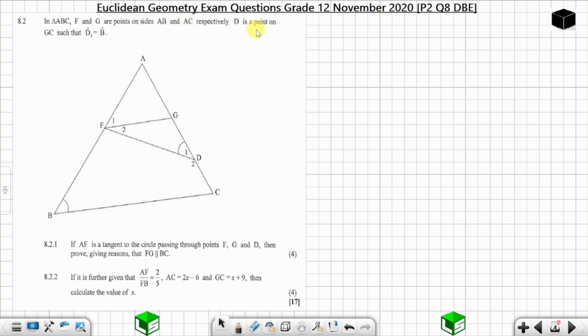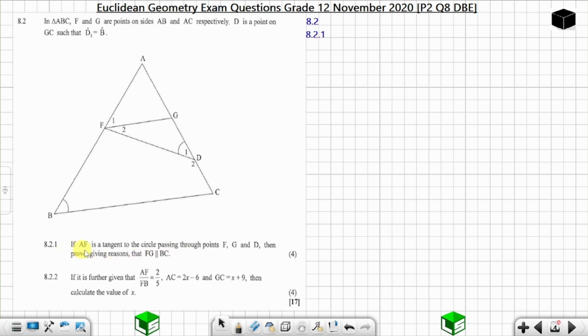D is a point on GC such that the angle D1 is equal to the angle B. Okay, so question 8.2, we are going to answer question 8.2.1.